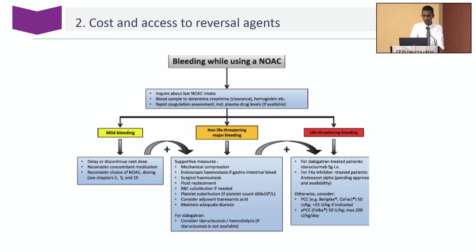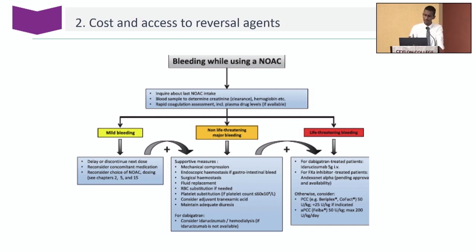Just on the subject of reversing NOACs, for completeness' sake, I'll just go through this. If a patient comes to you with bleeding and on a NOAC or a DOAC, the first thing to do is to ask what time you took the drug, because the good thing about these is they have very short half-lives.